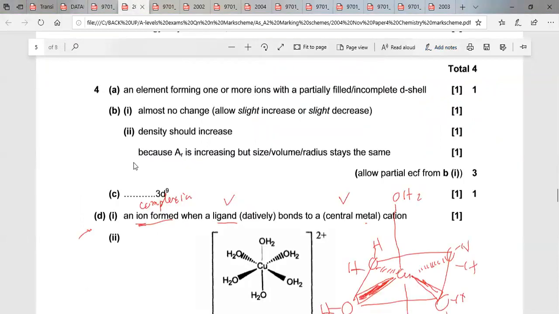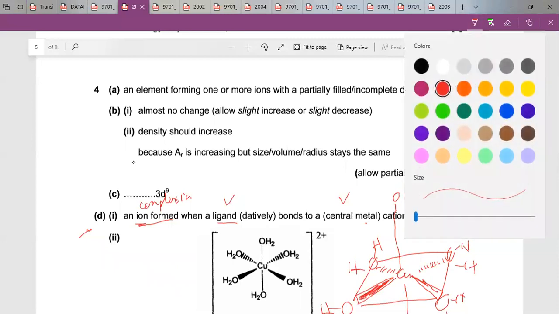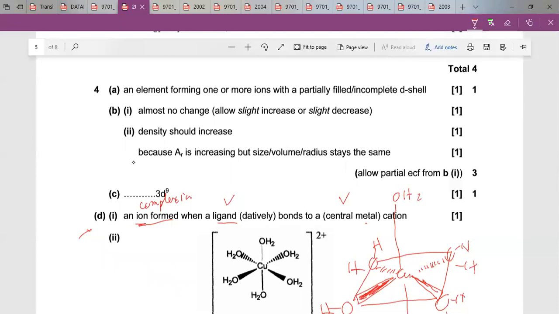It says an element forming one or more ions, with at least one having a partially filled or incompletely filled D shell, for one mark. So there are 2 points here, they want 1 point and 1 point. They didn't say a D block element, but it's better to say a D block element.